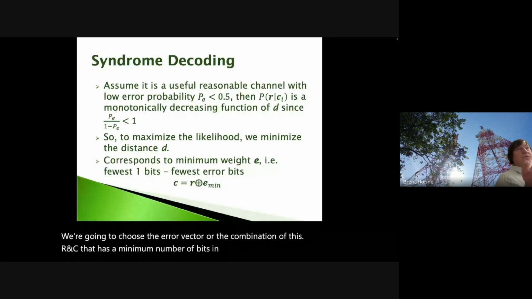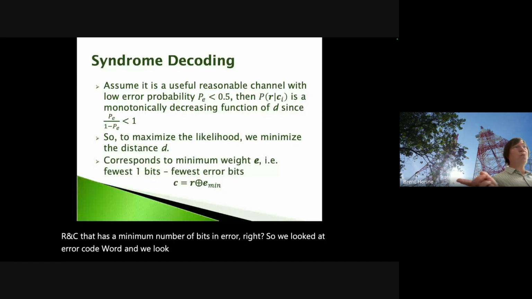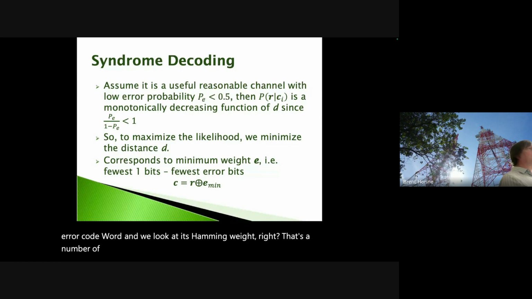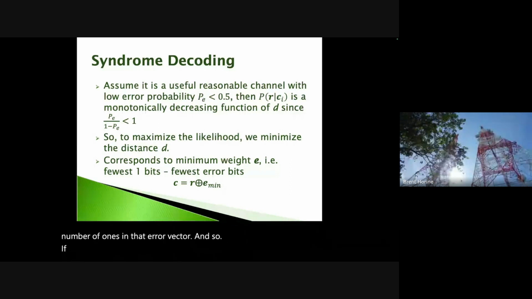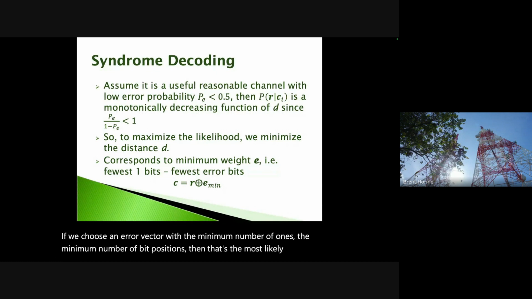We look at that error code word and at its Hamming weight, the number of ones in that error vector. If we choose an error vector with the minimum number of ones, the minimum number of bit positions, then that's the most likely outcome, the maximum likelihood.